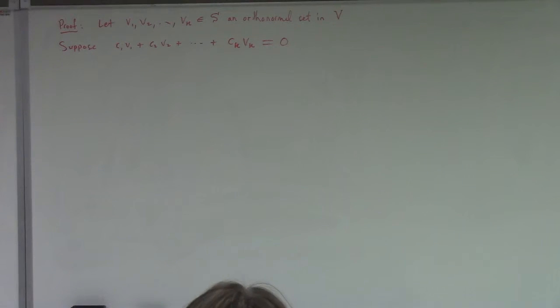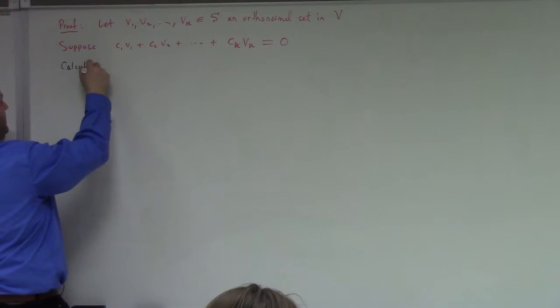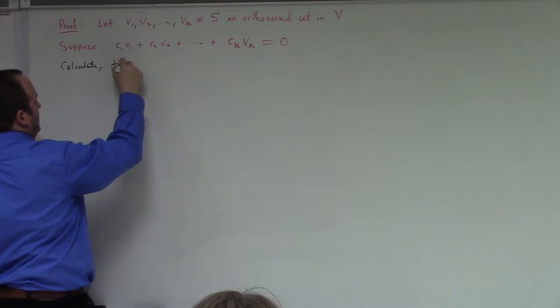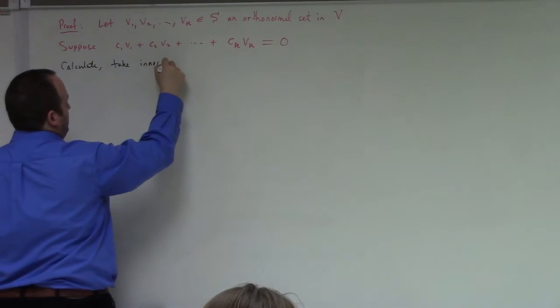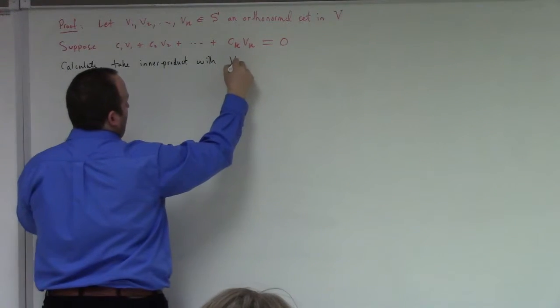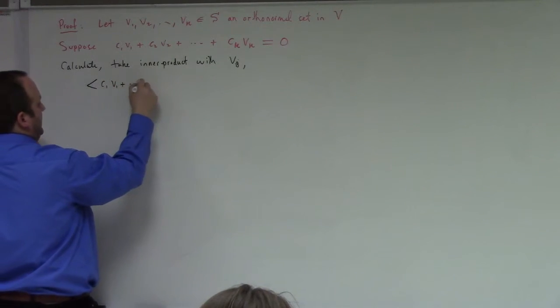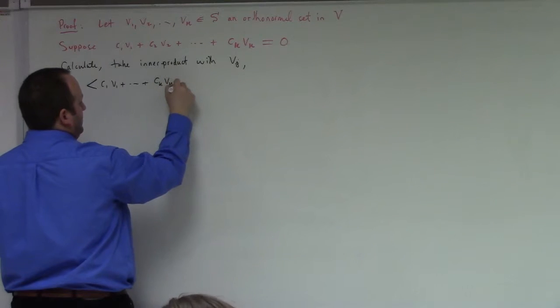My goal, of course, is to show that all the coefficients are 0, right? So what you do is you just take the inner product of this with, just pick one, Vj. So we calculate: C1v1 plus ... plus CKvk with Vj.